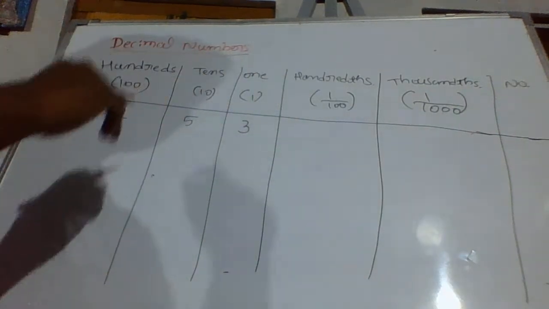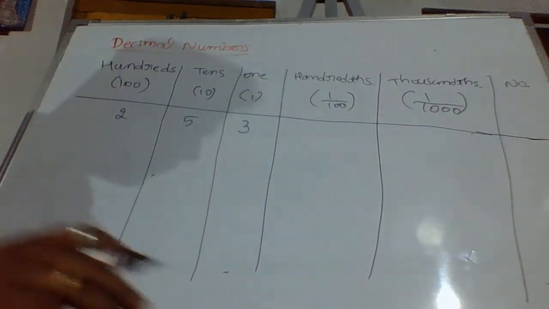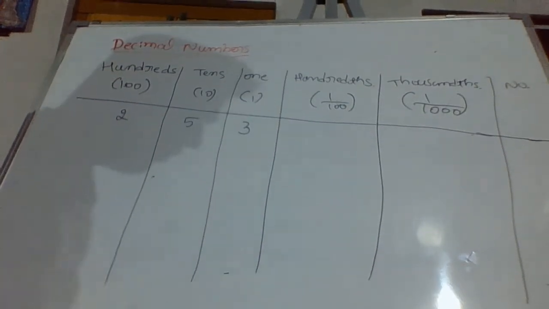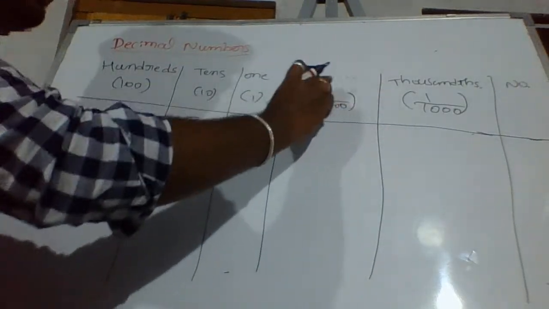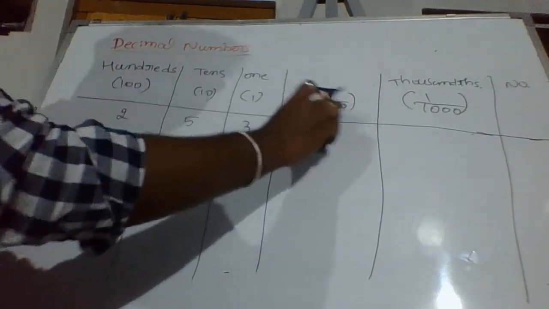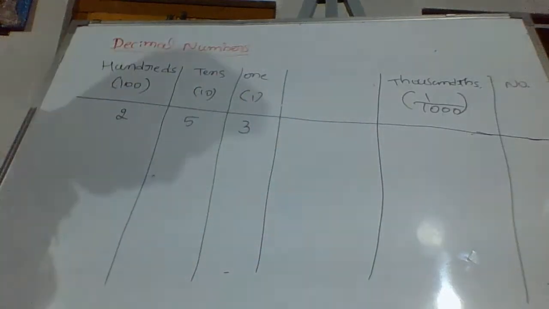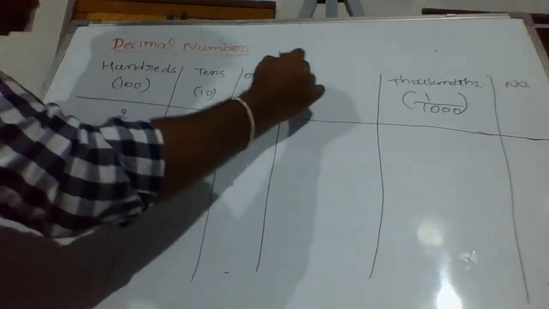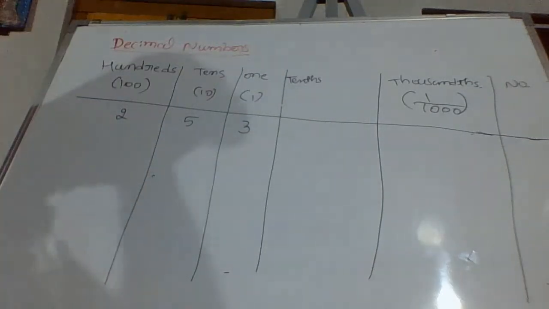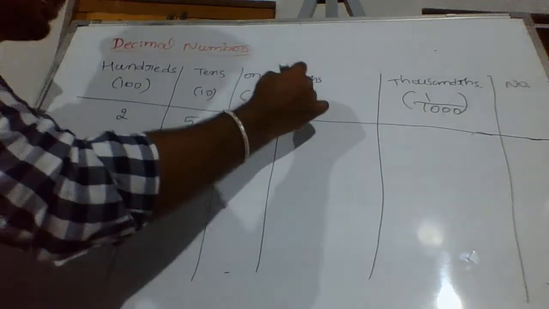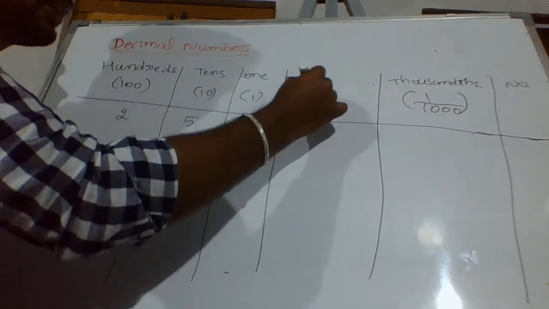Tenths place means that after the ones place there will be another column, the tenths place, and this is known as 1 by 10.